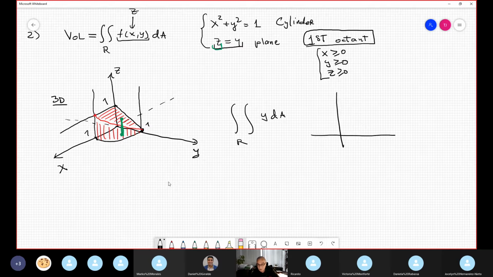You can do several. Well, in my opinion, the most important is xy, in this case, not always. It's a quarter of circle, with radius 1. So basically, this is the base.